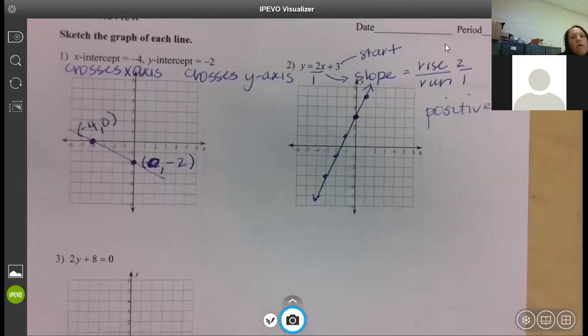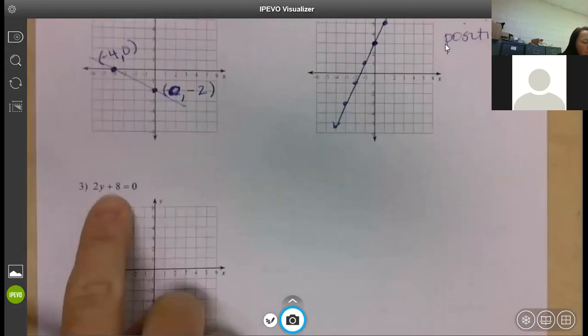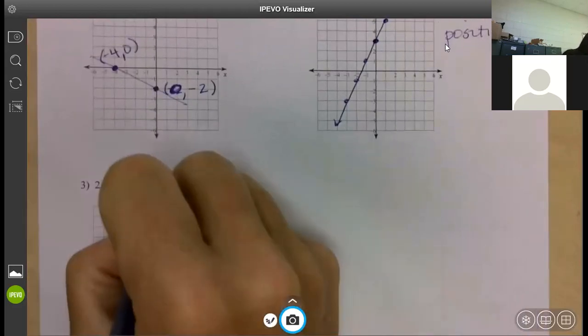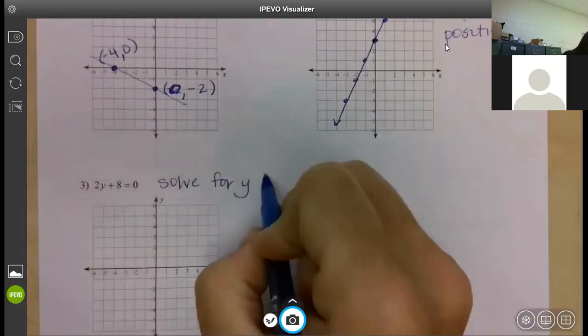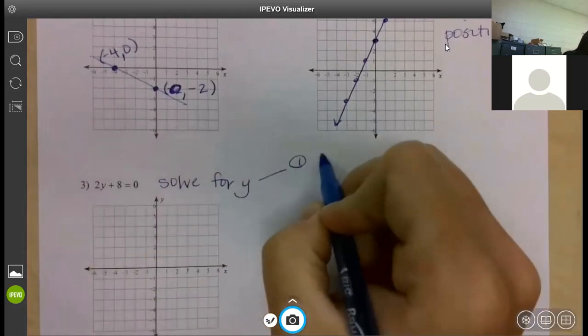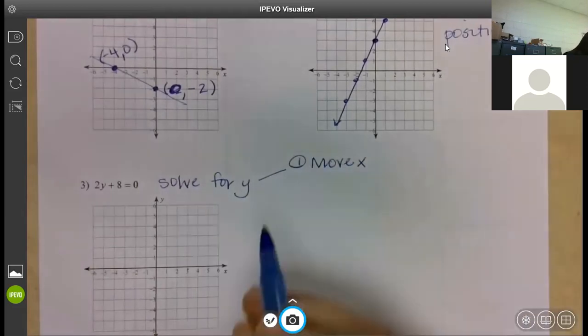All right. What they do like to give you are equations like this that you have to graph. So remember, for this one, we're going to solve for y, and there are 2 steps to that. You're going to move x first.